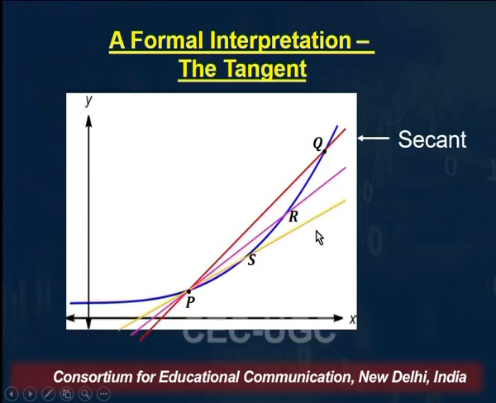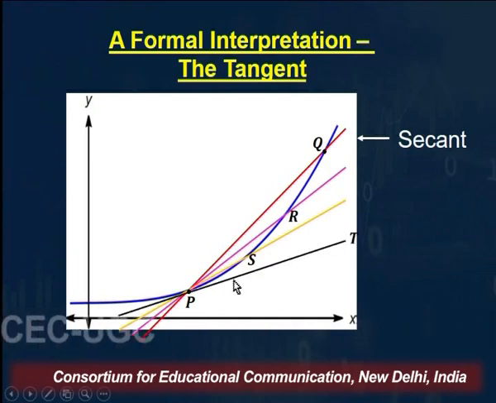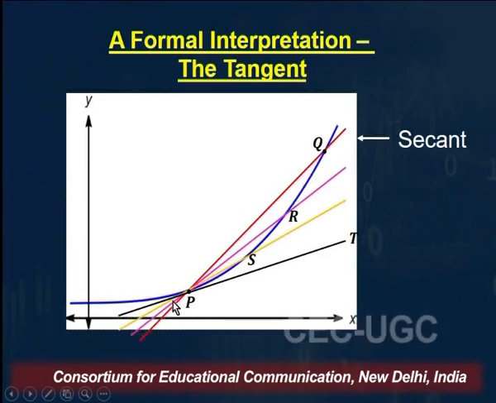So basically what you see is that, as we keep P fixed and we move from the point Q towards the point P, the secant rotates around the point P, and in the limit, as you come closer and closer to P, the secant tends to the tangent that you get at the point P, which I've represented by PT.